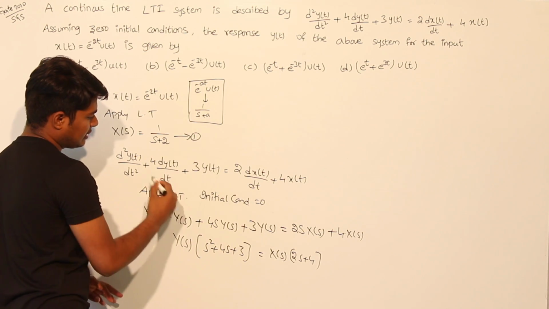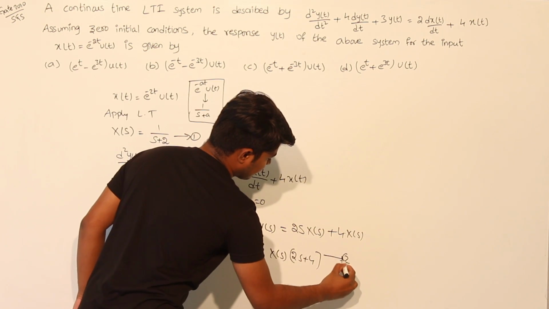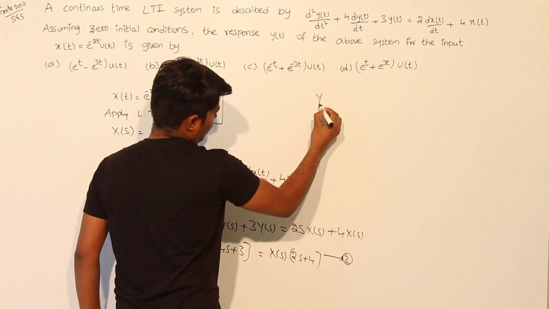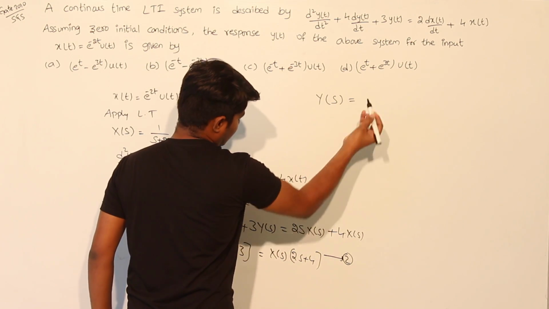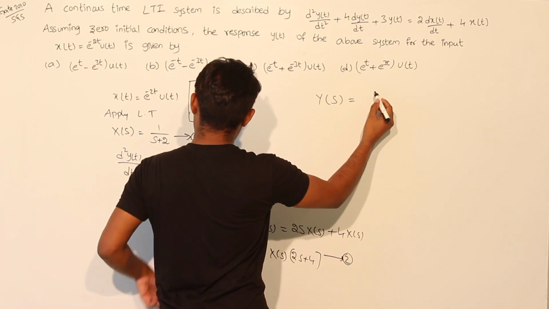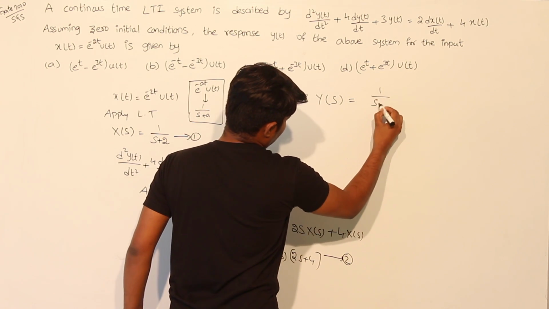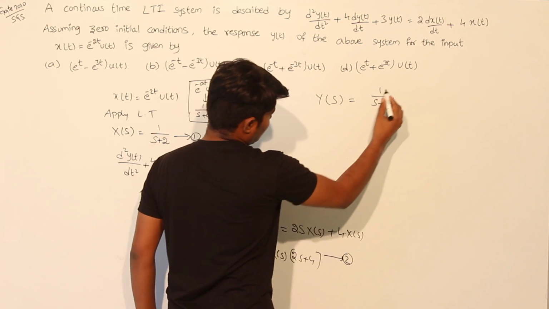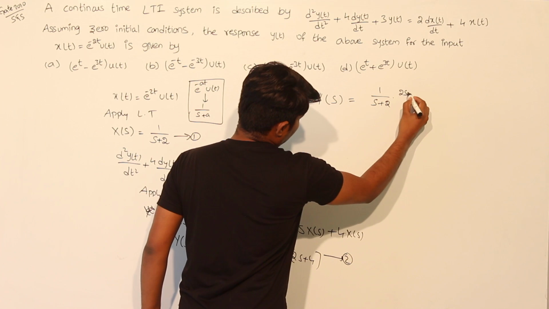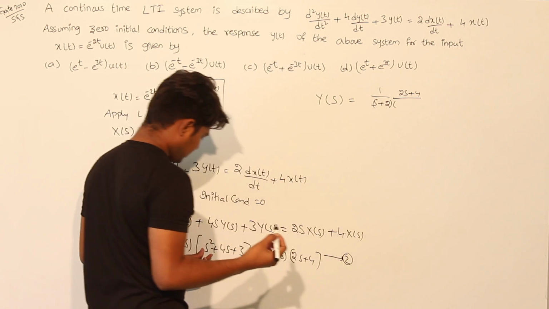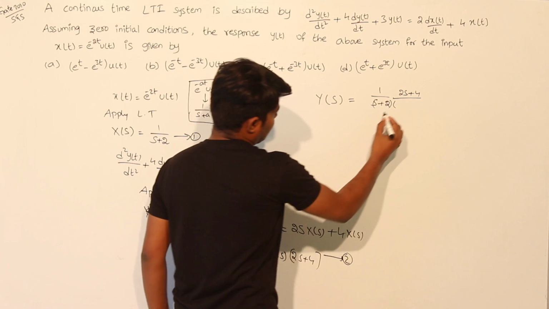Okay, now let this be equation 1 and this be equation 2. Substitute the X of s value here. So I am writing Y of s is equal to, you send this to the other side, X of s is 1 by s plus 2, into 2s plus 4 by s square plus 4s plus 3.